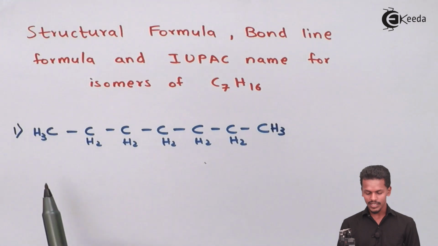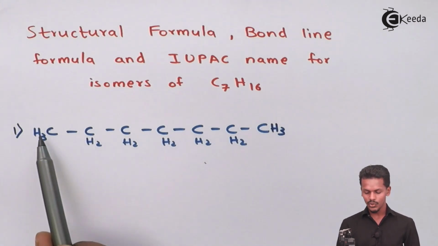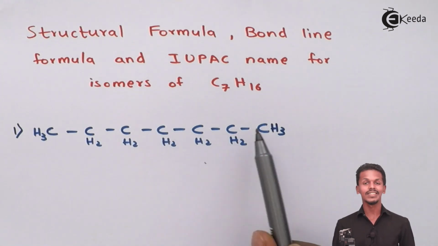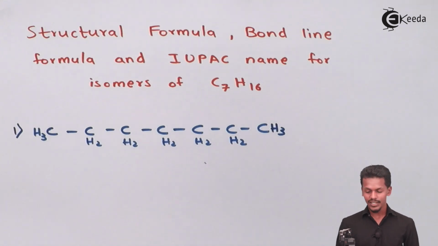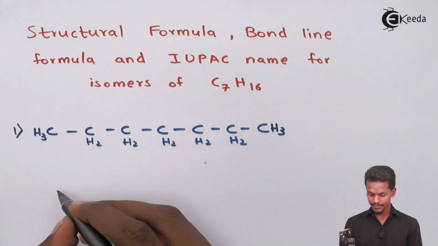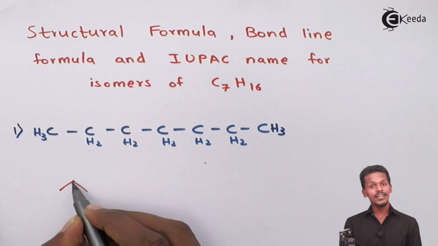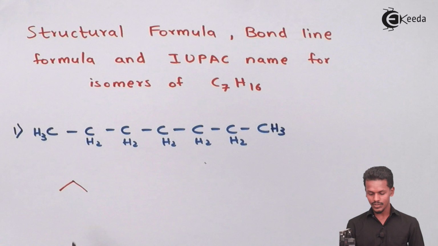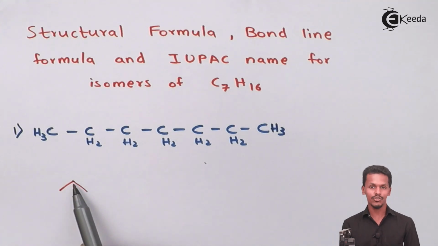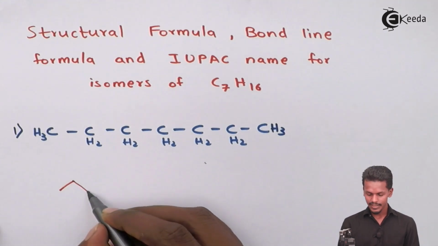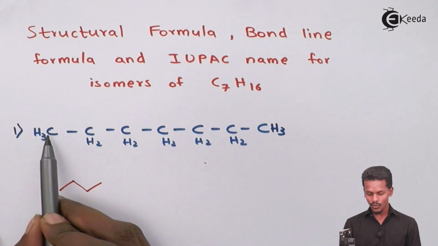It is very simple, because 1, 2, 3, 4, 5, 6, 7 carbon atoms are present. So this could be written as: this point represents CH3. This is the intersection between the two lines that we can see, so this point would be CH2. Again this would be CH2, and CH3 is what we have got at the end.